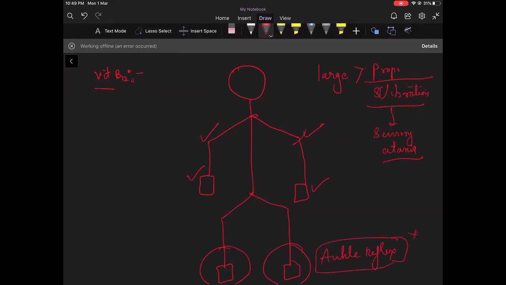The exact cause I couldn't find, why this phenomenon occurs in vitamin B12 deficiency. The patient will have diffuse hyperreflexia with absent ankle reflex, but I'll try to find it and tell it.